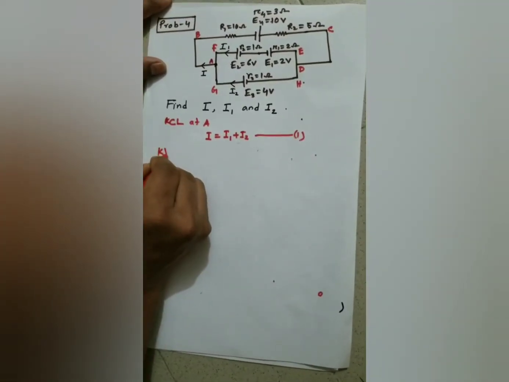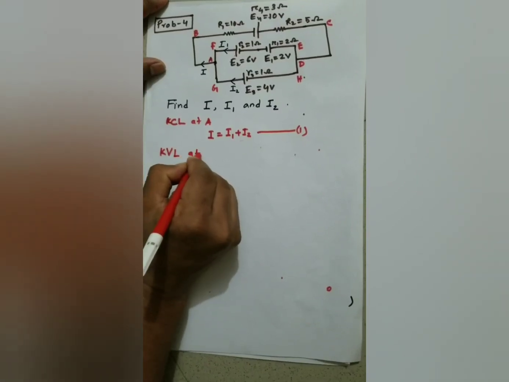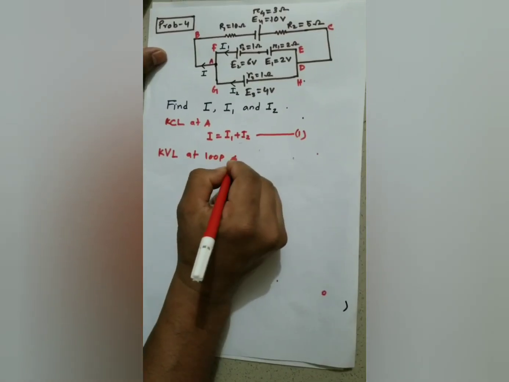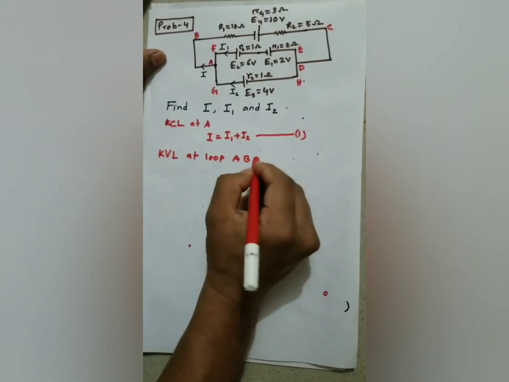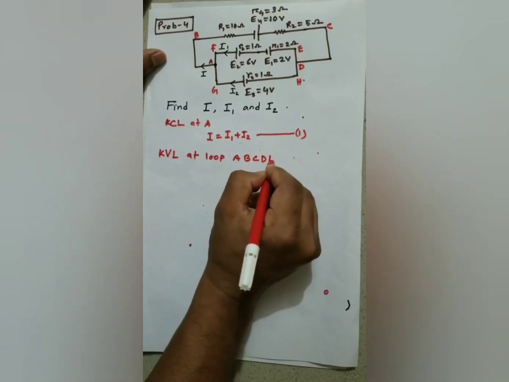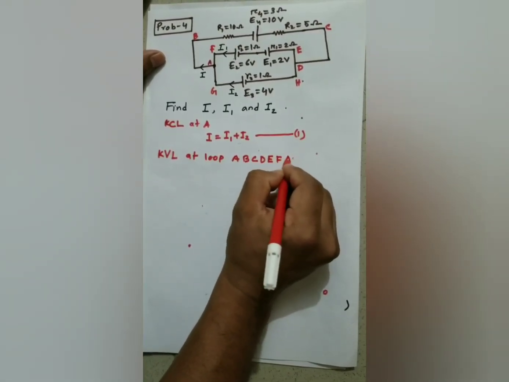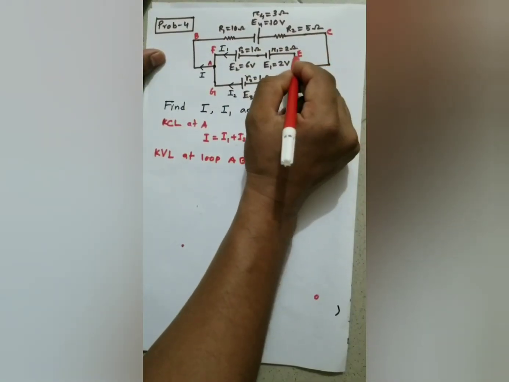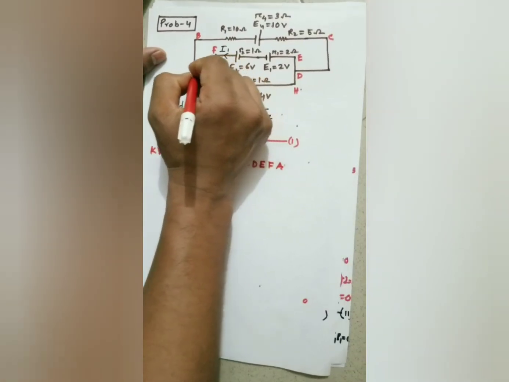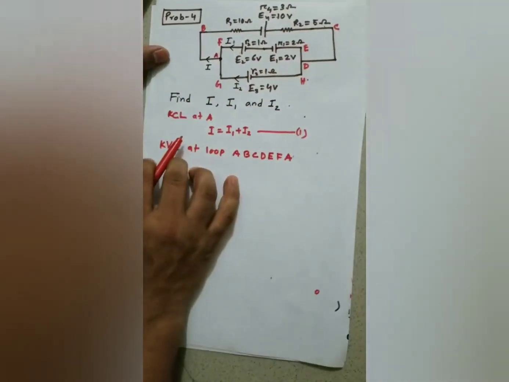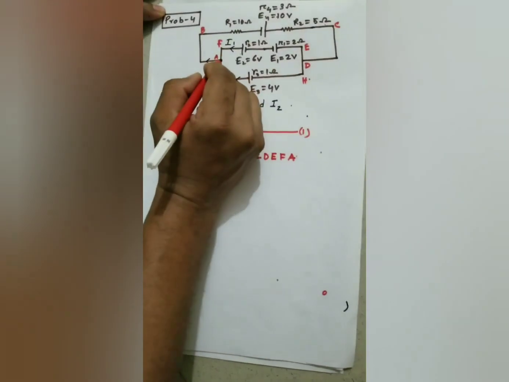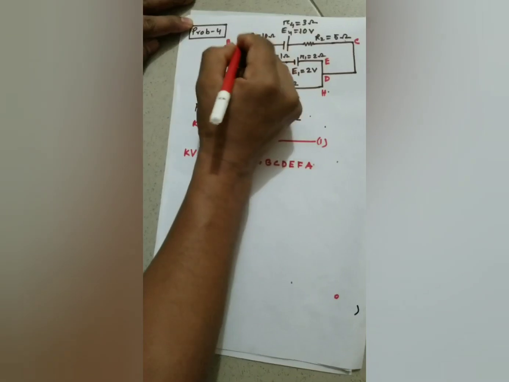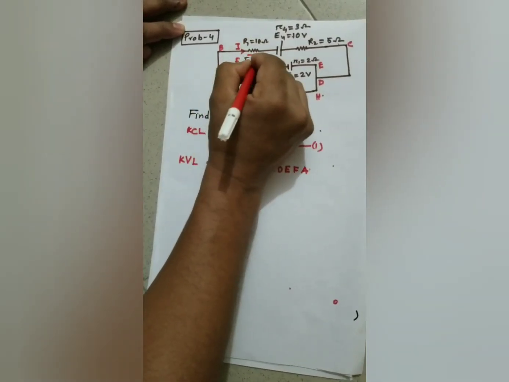Then KVL at loop A, B, C, D, E, F, A. In this path, this is clockwise. If we start our journey from A, first we face the resistance R1 and the corresponding current is I, in the same direction.